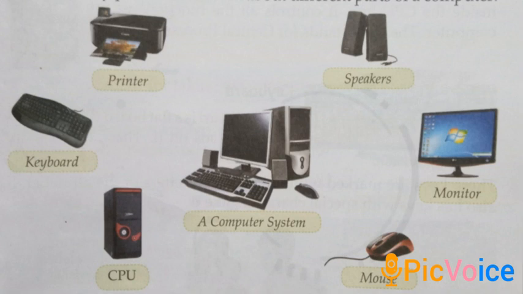These parts remain connected by cables to make a complete computer system. Except any one part of this, we cannot operate the computer properly. So, these four parts of a computer are called main parts.